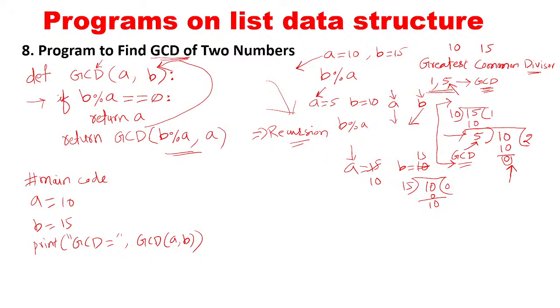So the numbers are interchanging, moving the bigger value to B and the smaller value to A. Again the control goes up and tests. That is how it is calculated, and we have seen it returns the GCD value as 5 here.